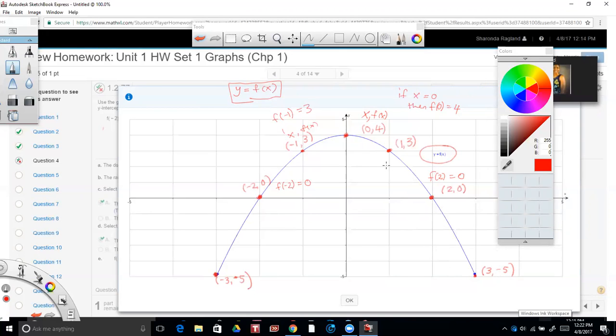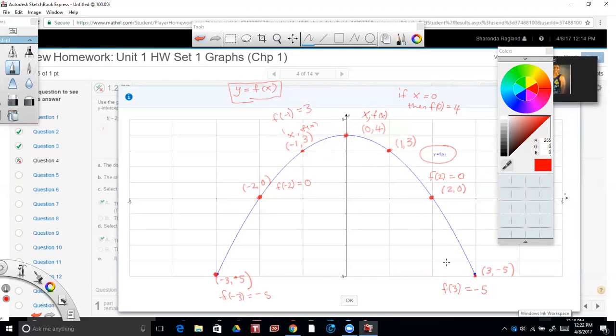Here we have f of 3 equal to -5, and f of -3 is equal to -5 also. So we have the y-intercept, we have x-intercepts, we have a parabola that's concave downward.